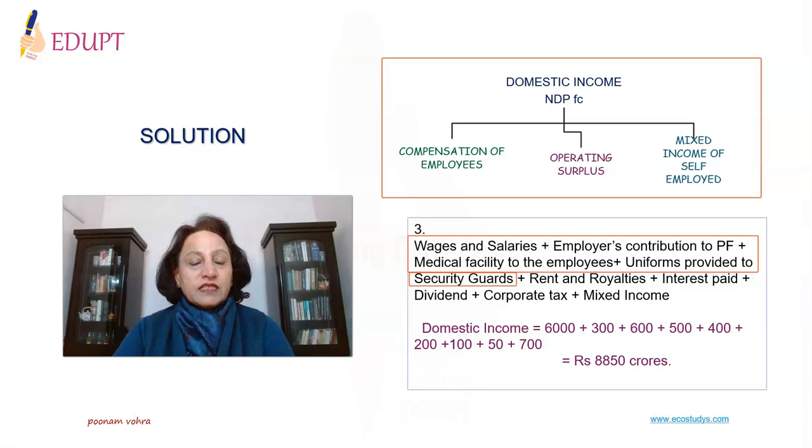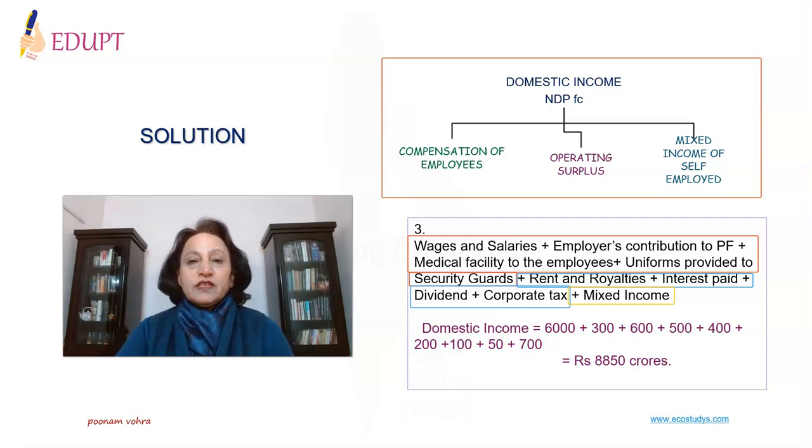Then operating surplus comprises rent and royalties and interest paid, also dividends and corporate tax, and finally mixed income needs to be added.